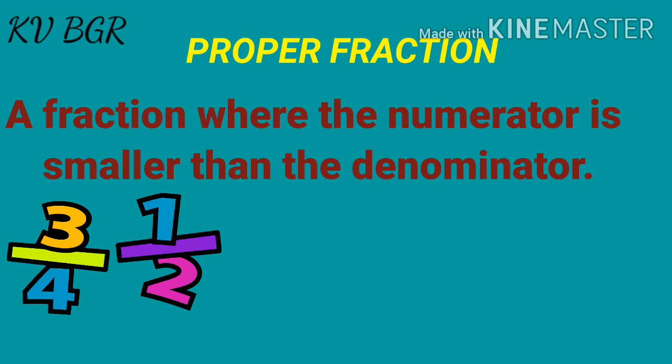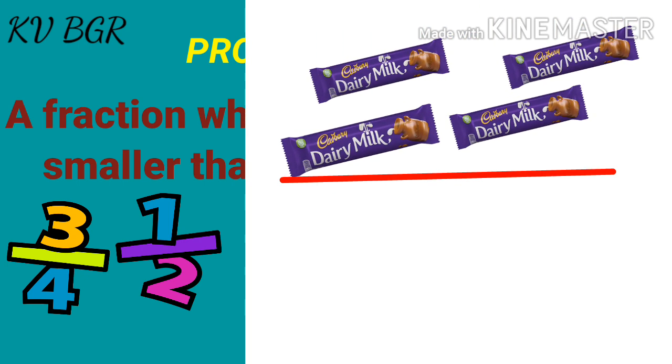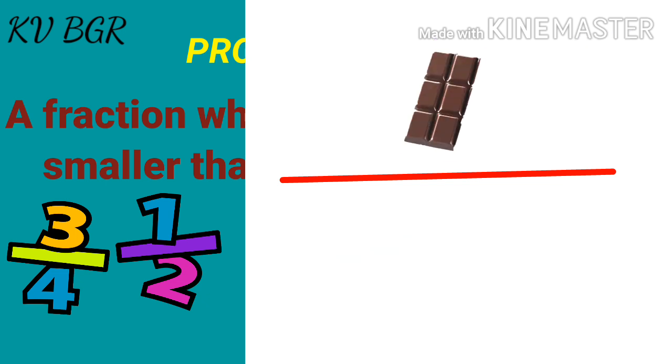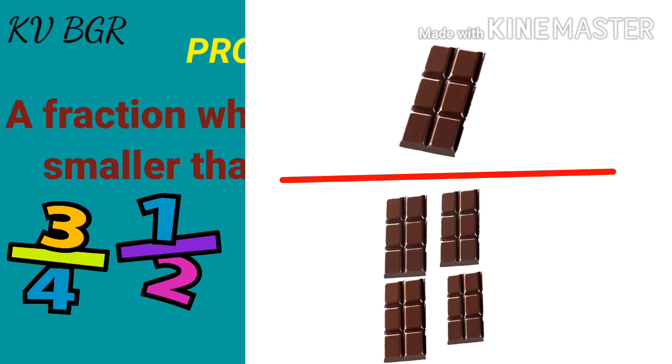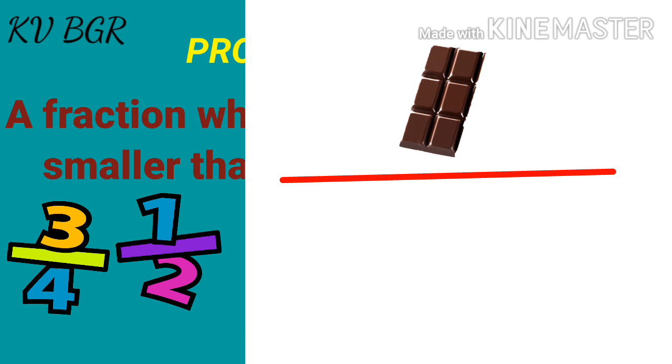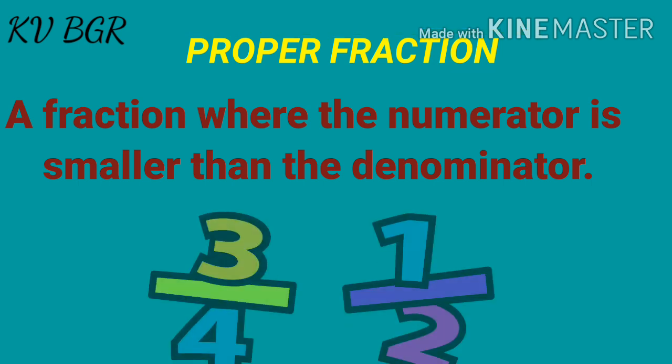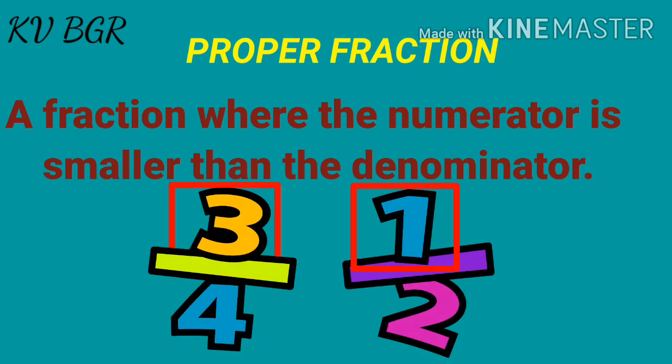It is simply like taking out 4 chocolates out of a pack of 5 chocolates, or taking one piece of chocolate which is divided into 4 equal pieces. These examples make only proper fractions because their numerator is always smaller than the denominator.